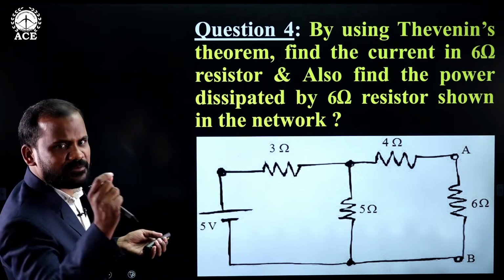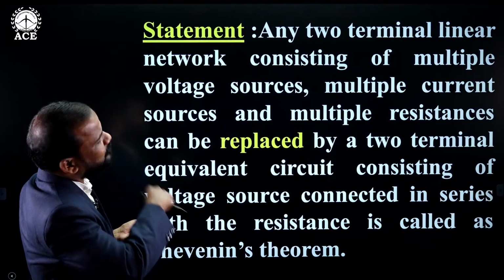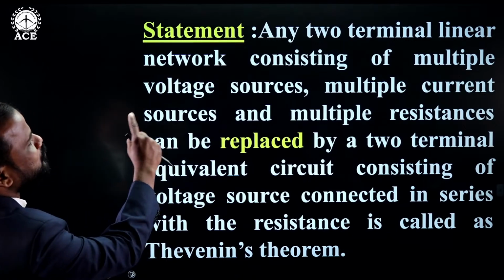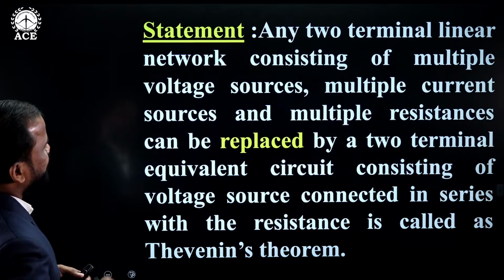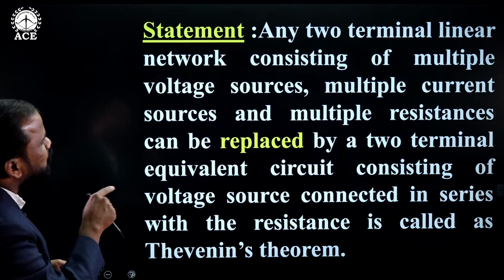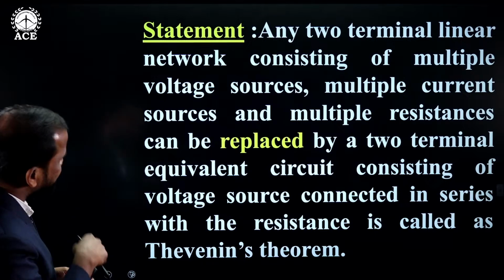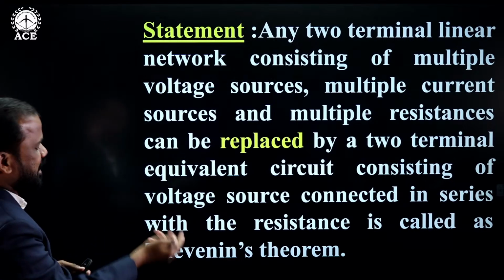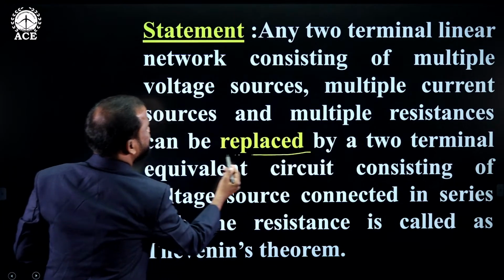Now coming to the first important point, that is the statement. After that we'll apply it directly to the network. Now see here, the statement: any two-terminal linear network consisting of multiple voltage sources, multiple current sources and multiple resistances can be replaced. This point is most important.